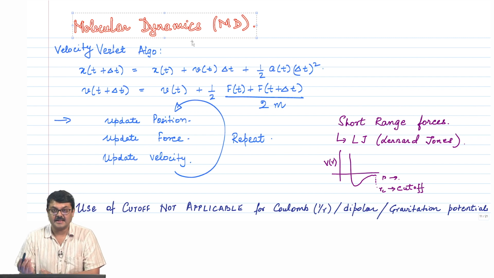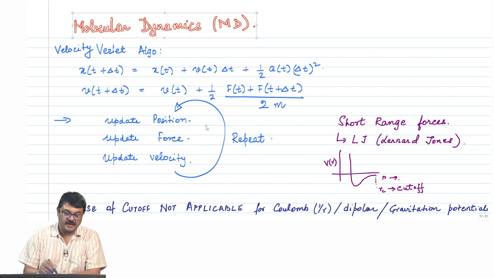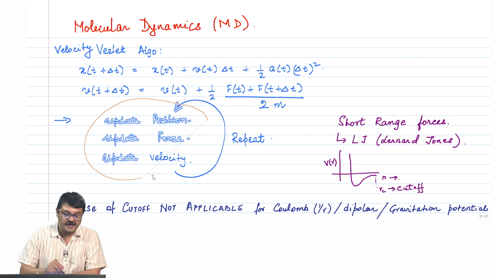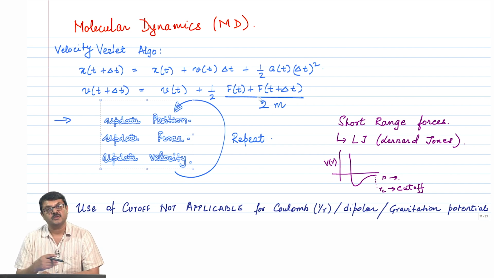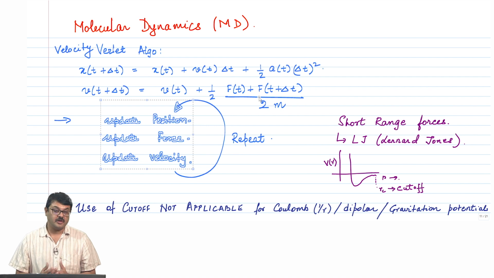And the basic message is, in a molecular dynamics simulation, you essentially update position, force and then velocity one after the other, and you keep repeating this over many iterations, so that the position of n particles which are in the simulation box and the velocity of these n particles keep on changing.